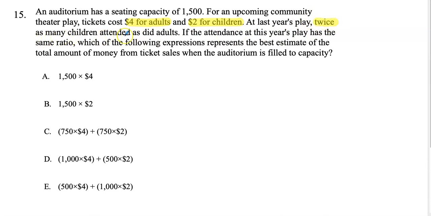So twice as many children attended as adults. If the attendance at this year's play has the same ratio, that just means that for this year's play, there's going to still be twice as many children as adults. That's what it means by the same ratio.